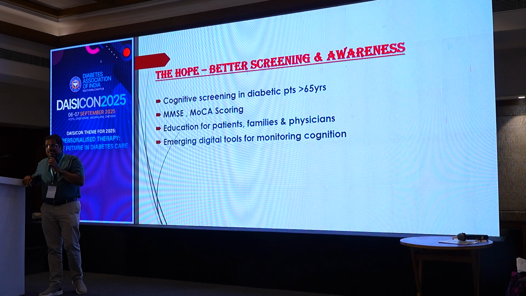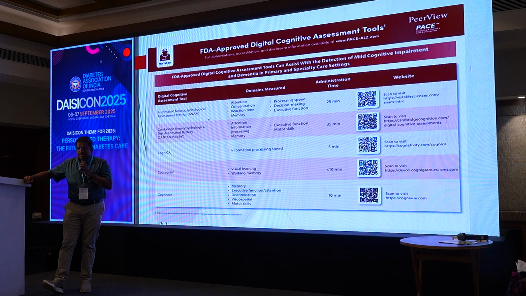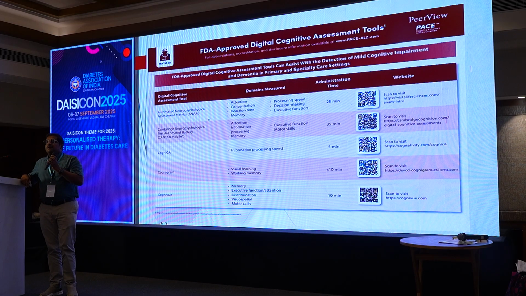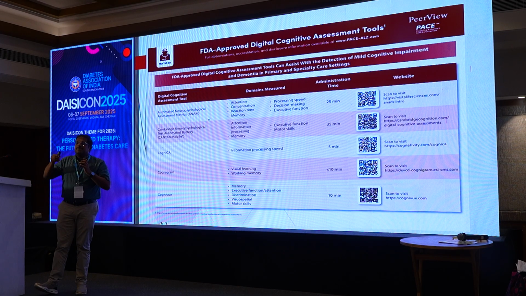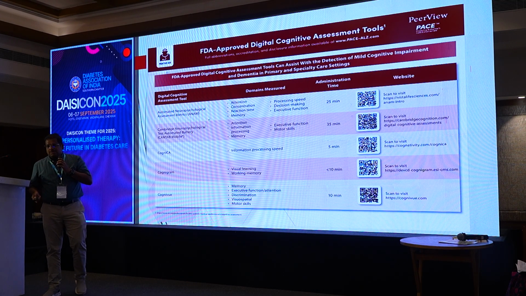And there are emerging digital tools for monitoring cognition. These are FDA approved digital cognitive assessment tools. Even without consulting the doctor, we can easily assess the preliminary stages of cognitive decline. After that we can get a neurologist's opinion.